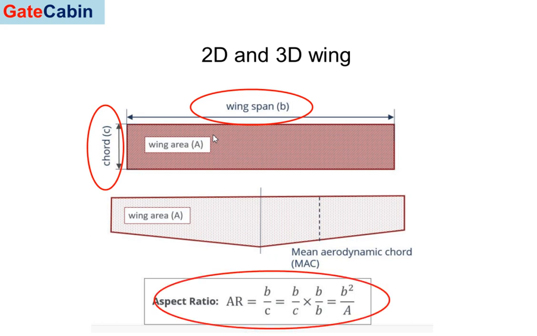One of the most important properties we should pay attention to when designing a wing or an airplane for a given purpose is called the aspect ratio. So basically a wing has a wingspan, which is the length between the wing tips, and the cross section, or vertical length, of a given wing is called the chord.